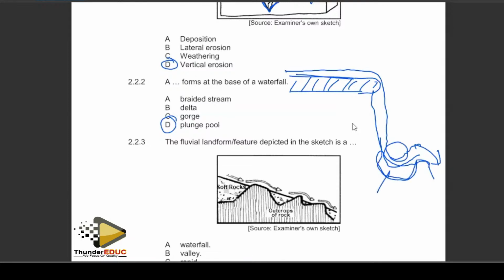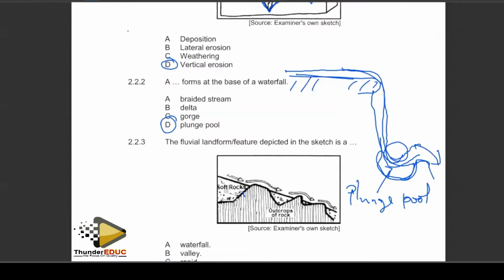And this is what we call a plunge pool. Plunge, because it's created by the plunging effect. Water is vertically plunging from the hard and resistant rock and hitting the softer rocks, creating a pool at the bottom. So that is what you call a plunge pool. Right, that is the response to that particular question.